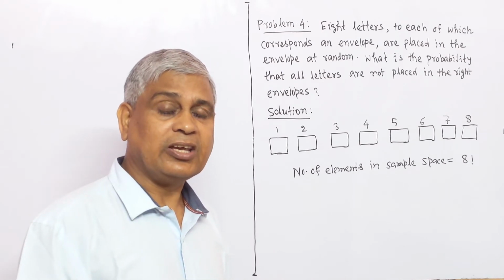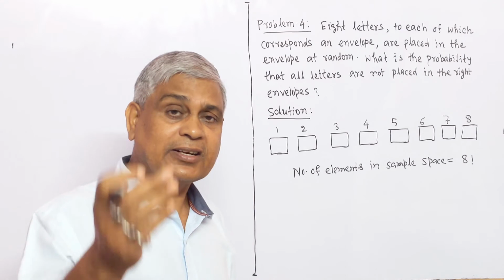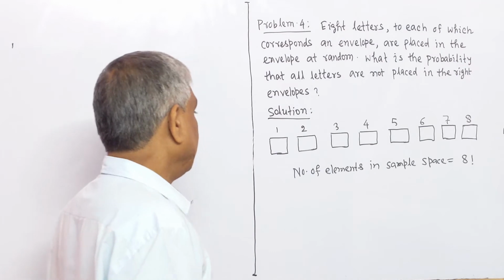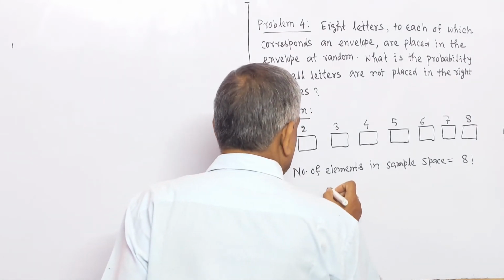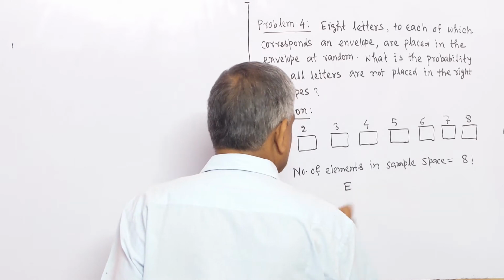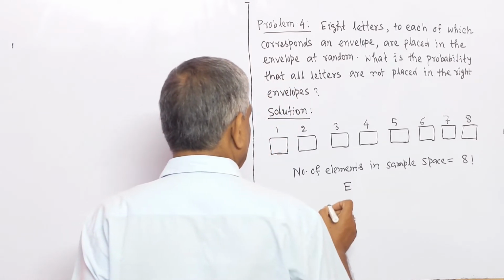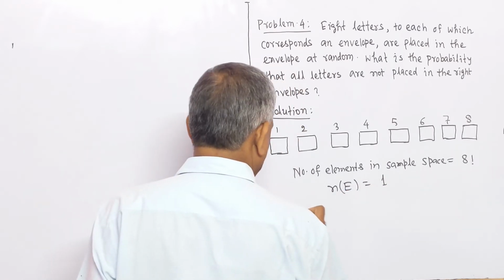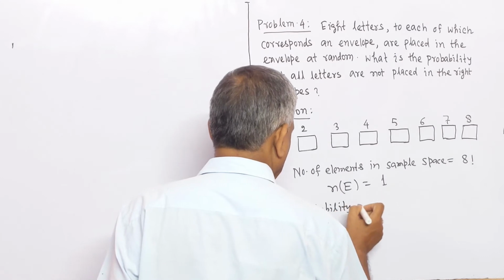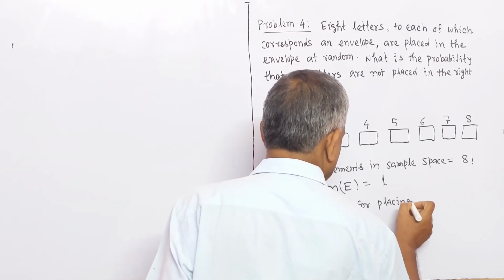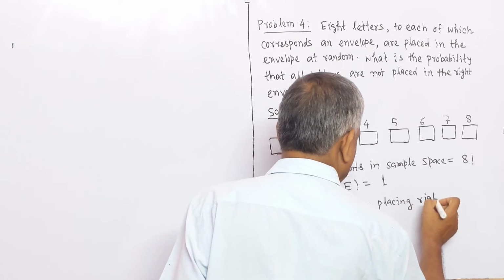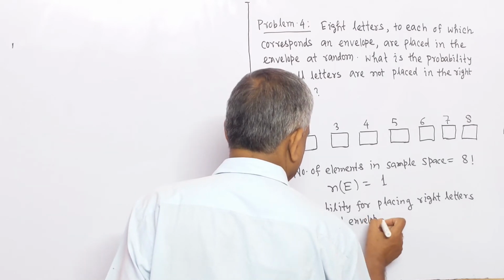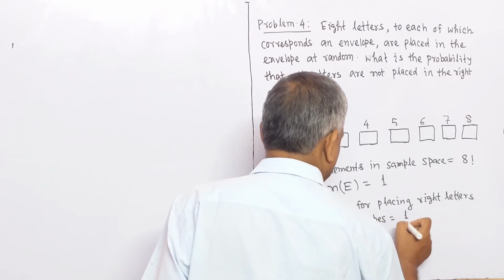This process is to place the letters in correct places or correct envelopes. Therefore, this event is called E, NE equal to 1. Therefore, probability for placing right letter in right envelopes equal to 1 by factorial 8.